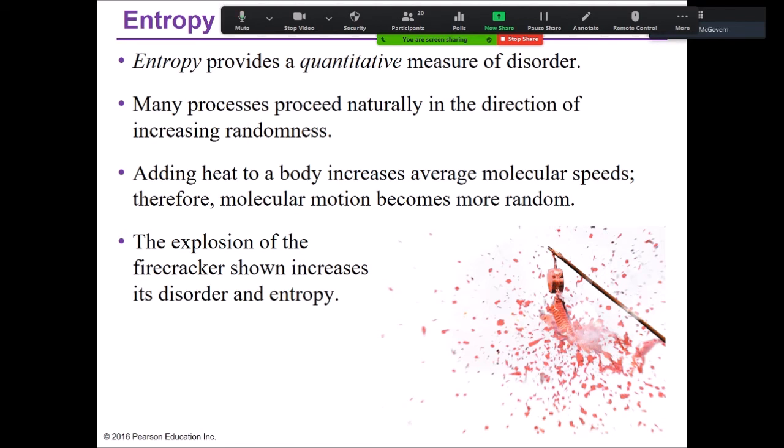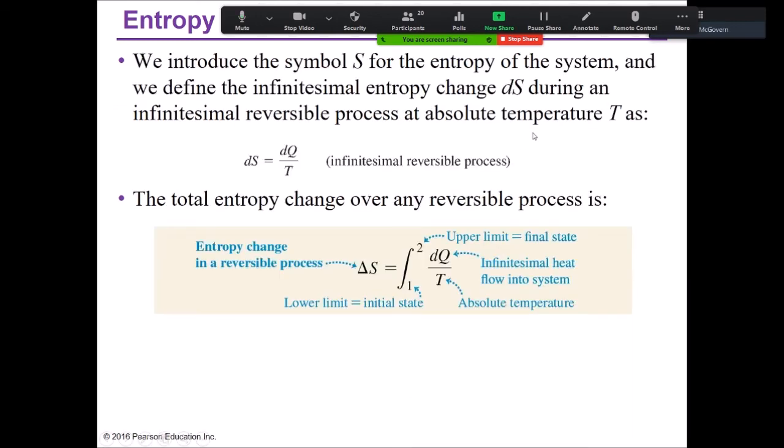Okay. So let's try to develop this idea a little more, actually. There is a mathematical way that we express this. So S is the symbol that we use for entropy. And so we are going to define a small amount of change in entropy as a ratio of how much heat transfer happens at a given temperature.